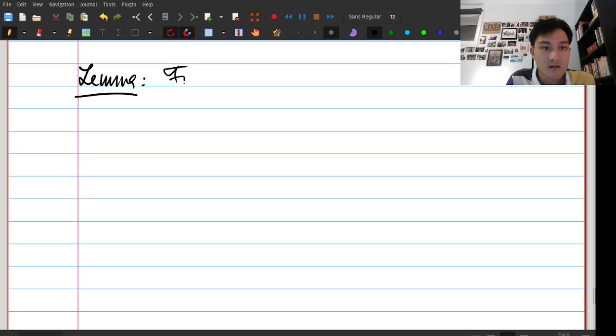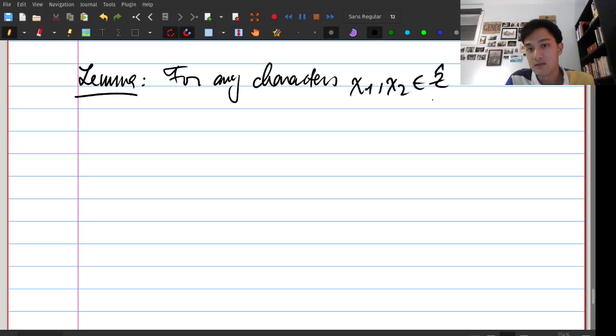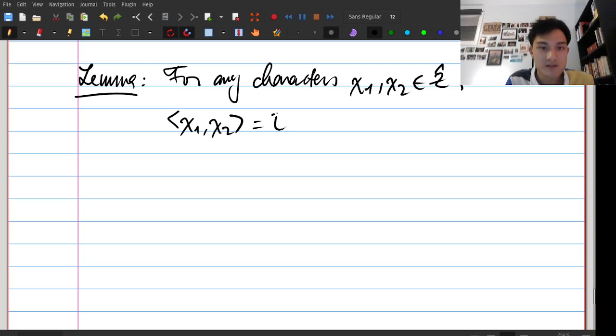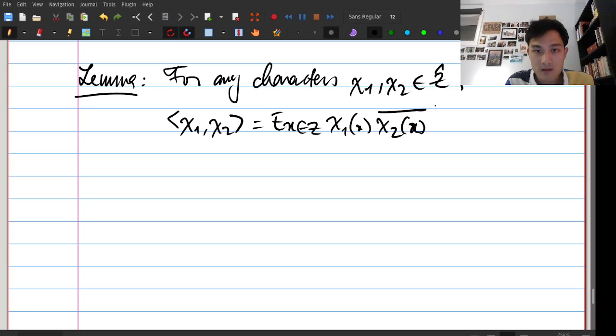Okay, so the first lemma, as I said, we're going to show that characters are orthogonal. All of these were defined in the previous video. So for any characters chi1, chi2 in the group of characters on Z, these are homomorphisms from Z to the complex numbers, we have the inner product of chi1 and chi2, which is the expectation over x in Z of chi1(x) times the complex conjugate of chi2(x).